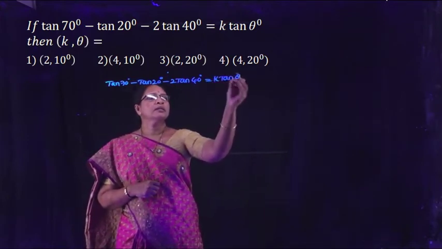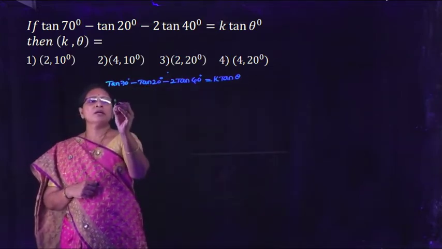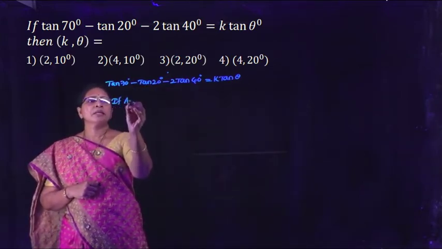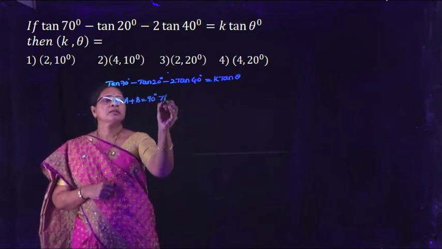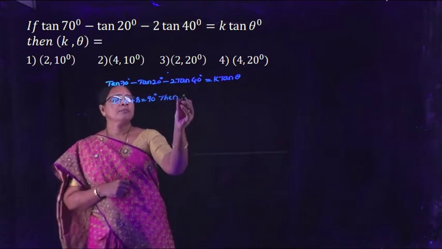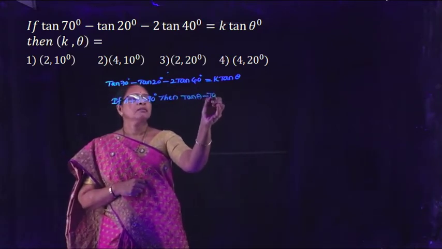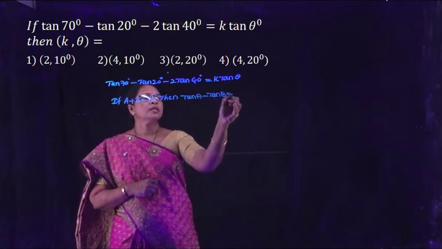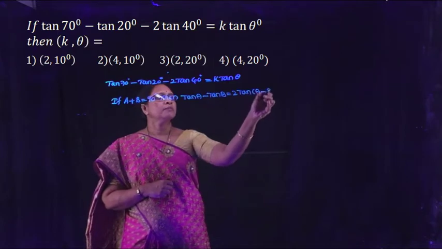By using the formula, if a plus b is equal to 90 degrees, then tan a minus tan b is equal to 2 tan a minus b.